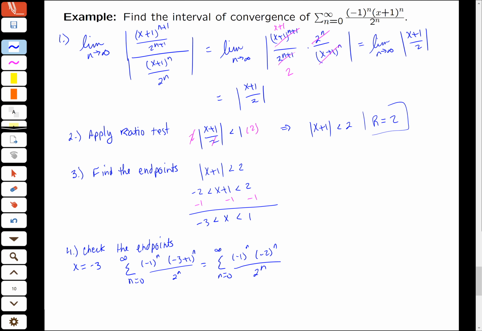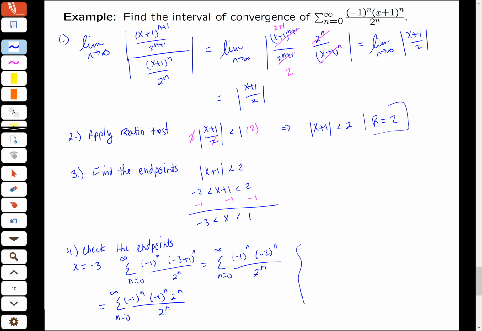This is a negative 2 to the n. This is a 2 to the n. If I can make this into a 2 to the n, then I can cancel them. So let's write this equal to negative 1 to the n, negative 1 to the n, and 2 to the n. Split that apart. And now my 2 to the n's are going to cancel.